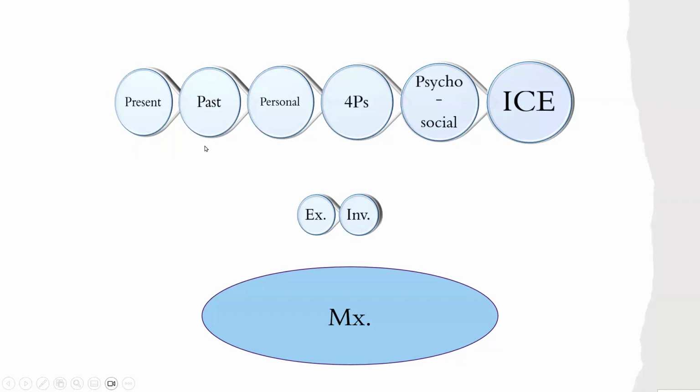Okay? If we can say what are the most important 4 categories that you need to ask in each specific case, what are they? They are the present history, the past history, psychosocial in some cases, and ICE: ideas, concerns, and expectations.